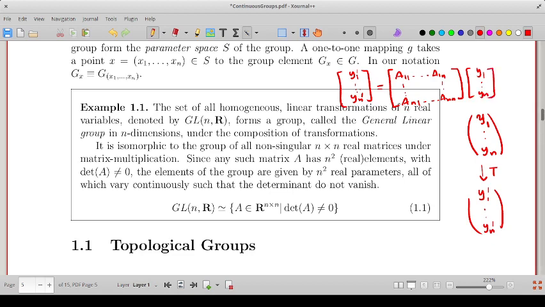So a homogeneous linear transformation of n real variables can in fact be represented in terms of an n by n square matrix with real entries.